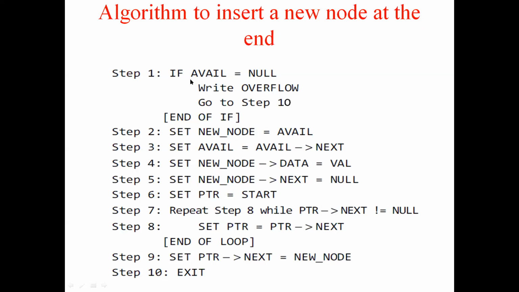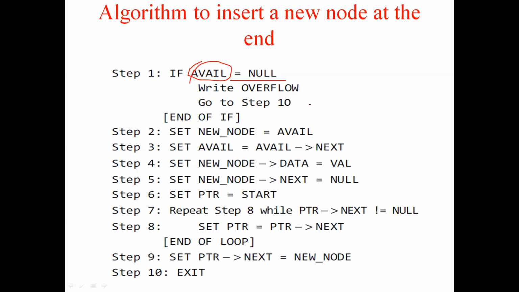Here, avail is nothing but, keep in mind, we are always keeping track of the space in the RAM. If you want to keep track of whether space is there or not, we call that availability. If avail is null, it means there is no space.